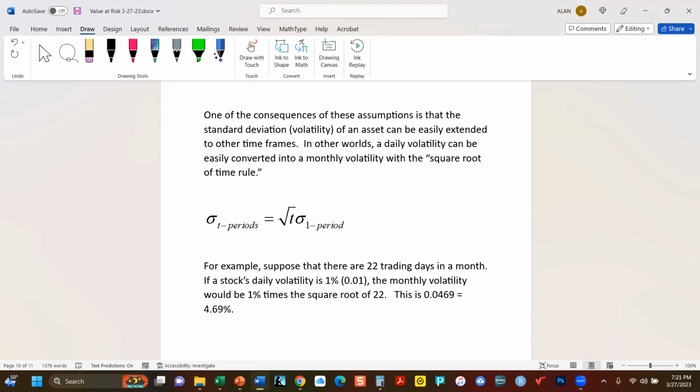If you have daily data, and you're only interested in calculating value at risk over a single month, not a problem. You can take your daily vol of 1% and turn it very quickly and easily into a monthly vol of 4.69%. But you have to take into account two things. Number one, you're using trading days rather than actual days.